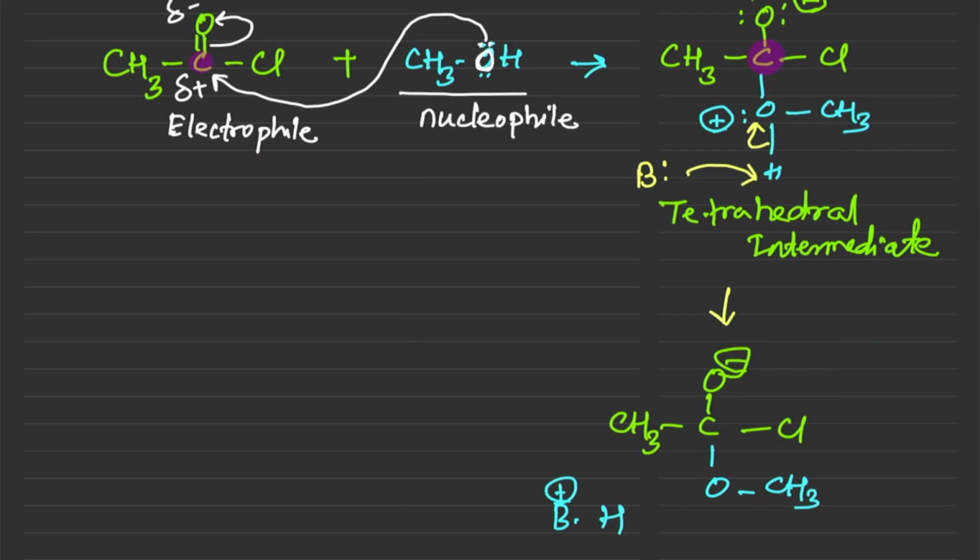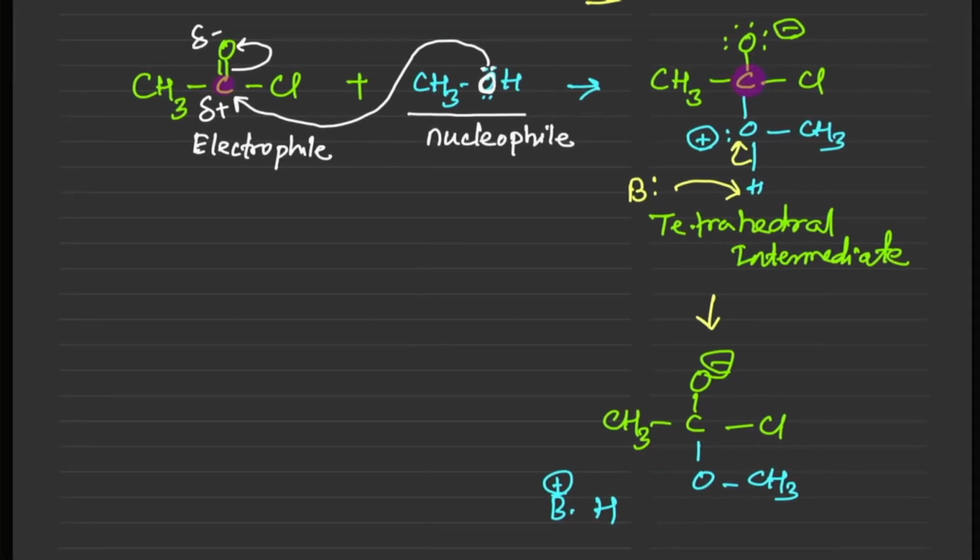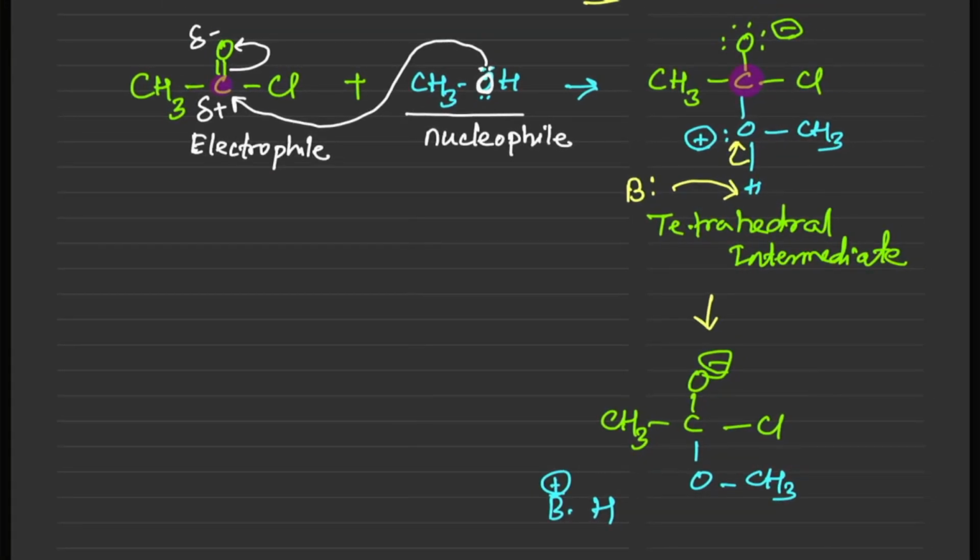Base means anything that could abstract a proton will abstract the proton and neutralize it. And then at the end, because chlorine is a good leaving group, as we established in our previous video, chlorine is a good leaving group.